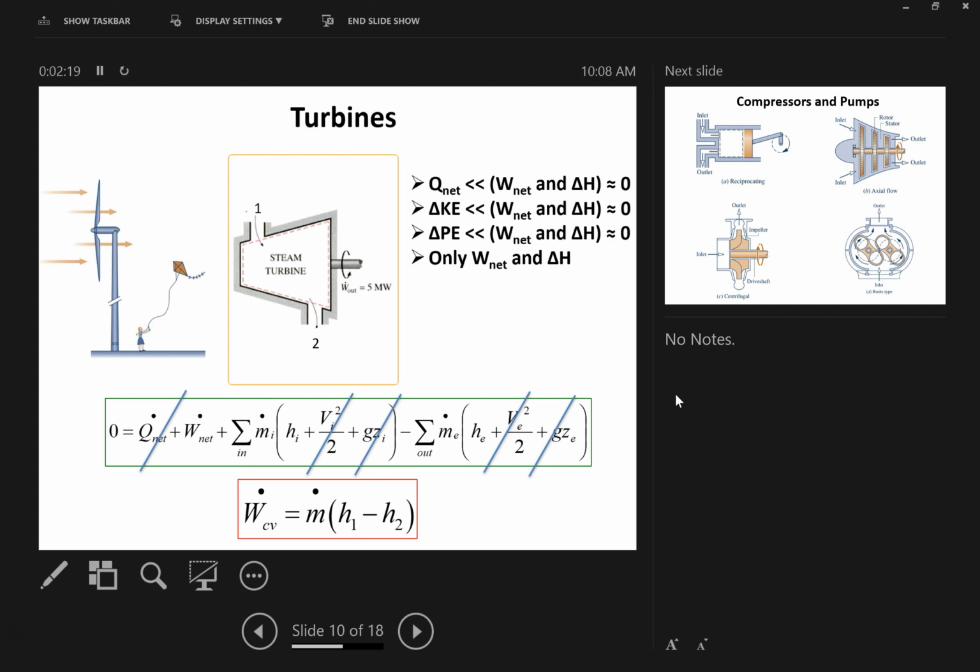If it's steam, consider an ideal gas. So what can you switch H1 and H2 to? CP delta T, yep. Now, do you have to? No. You can just go back in the tables and find those. That's fine. Turbines are used in the Rankine cycle, which is the steam power plant.